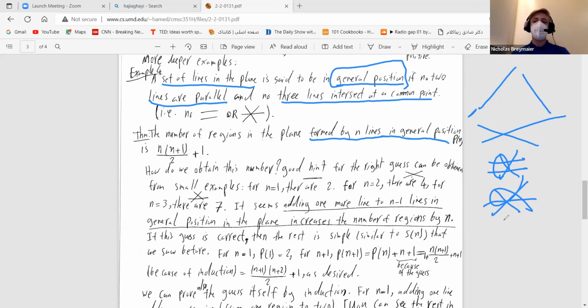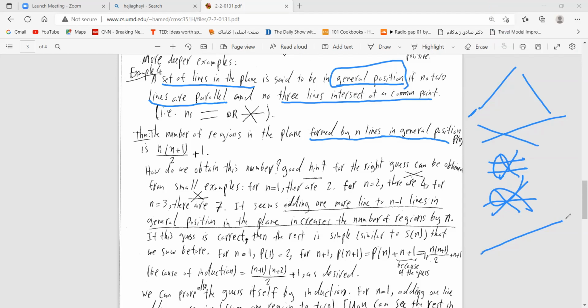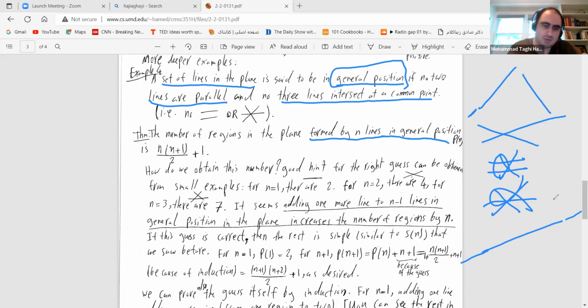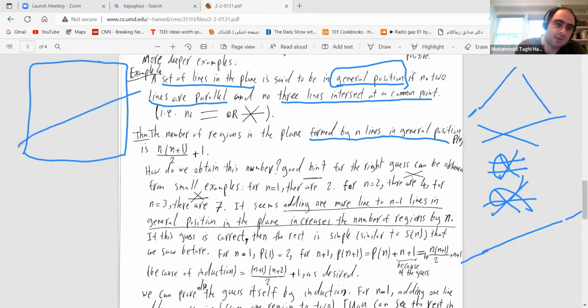If we have one line, we have 2 regions. Again, these are infinite lines, but you can also consider a large page, so that this is the boundary. So if you have one line, then you have 2.